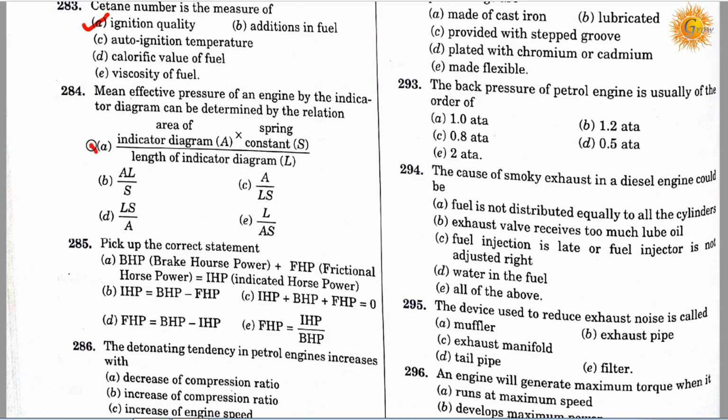So the correct answer will be A, because area of indicator diagram A into spring constant S divided by length of indicator diagram L gives the mean effective pressure of an engine by the indicator diagram.